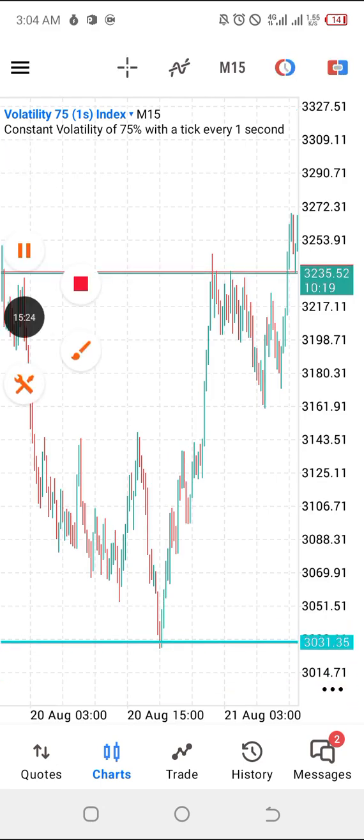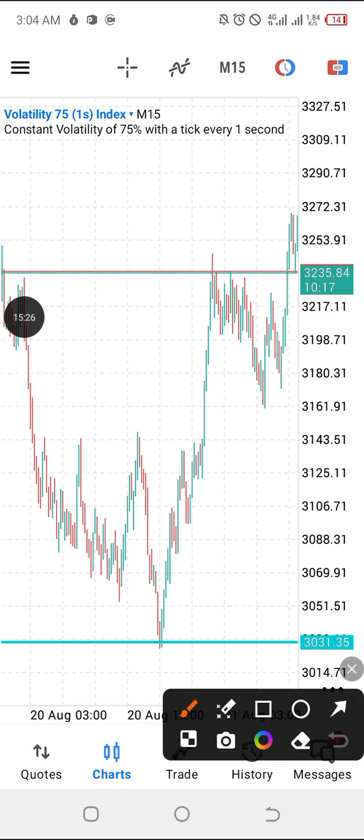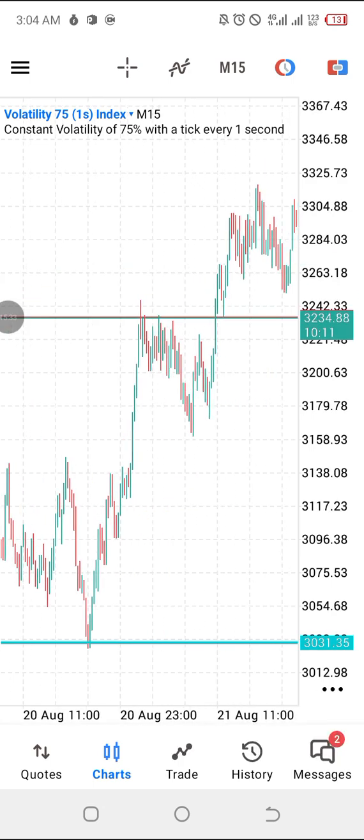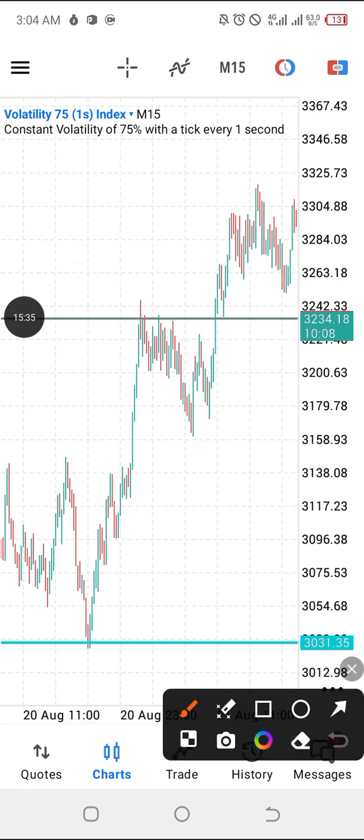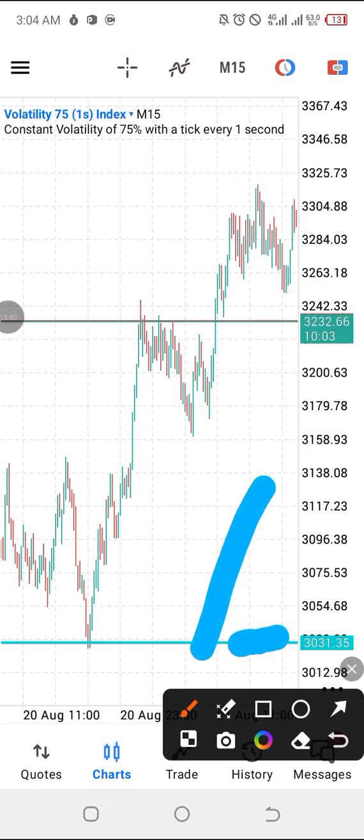So this demand zone, whenever price comes down again to this zone, it will be a signal to buy. When candlestick returns here, I'll be looking for reversal candlesticks that will enable me to buy. It could be a bullish engulfing or a bullish pin bar.